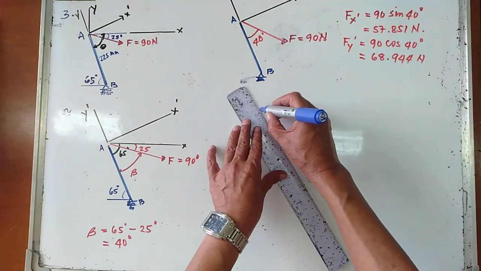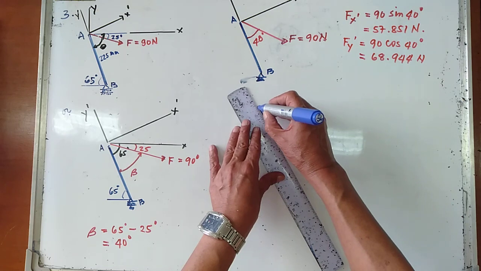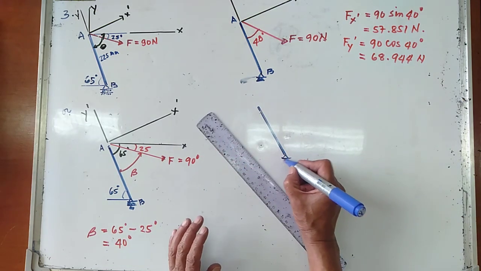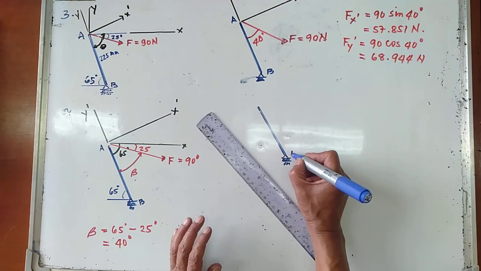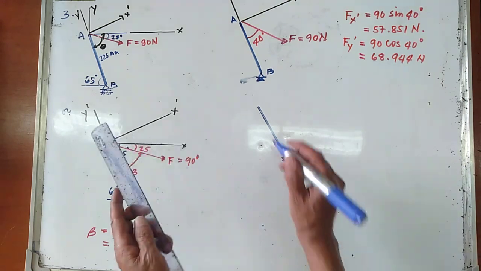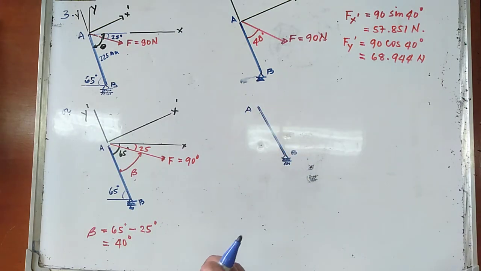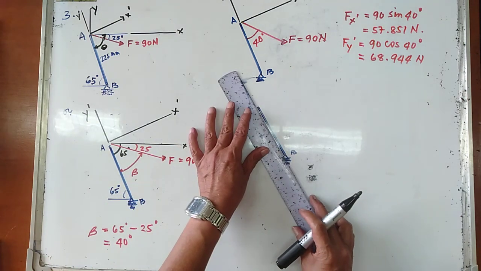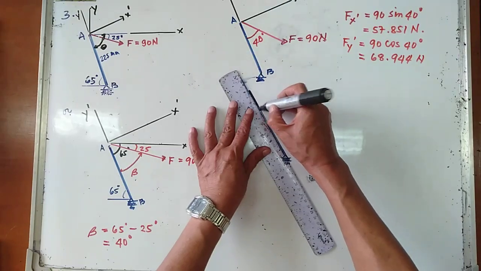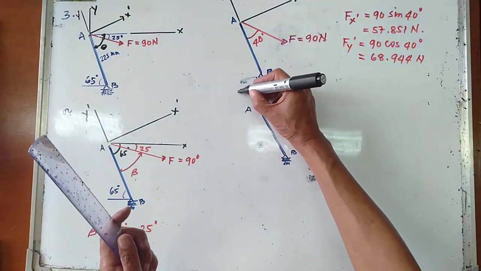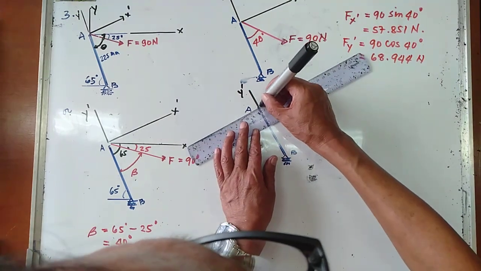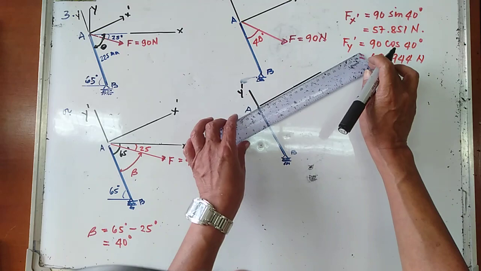Again, this is the rod AB, this is your point B, and then we have your point A. Your y prime is this one, and perpendicular to the y prime is your x prime.